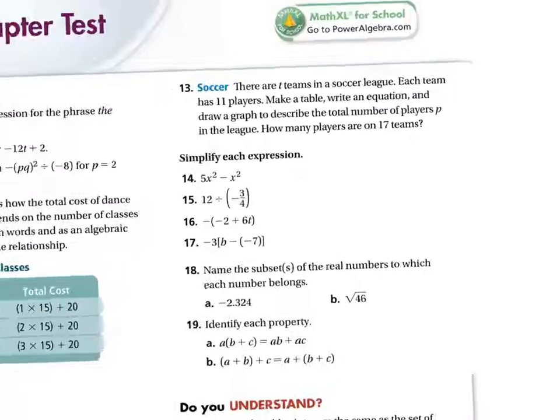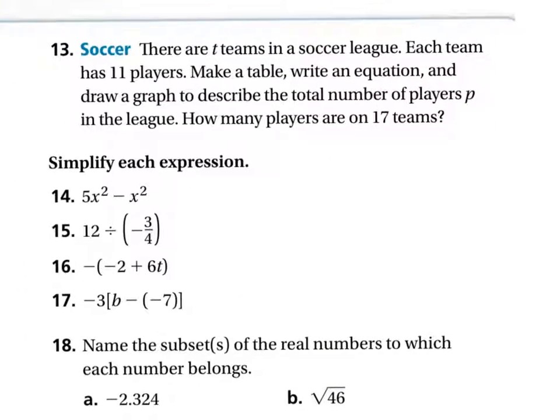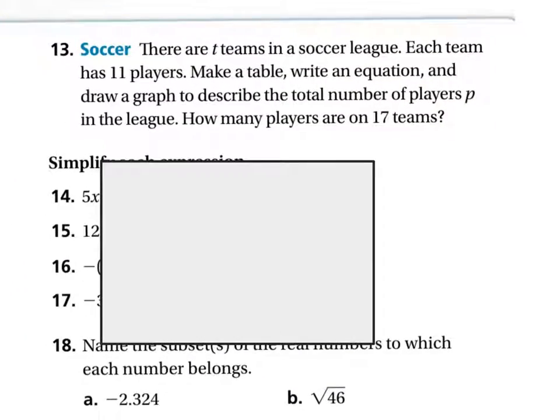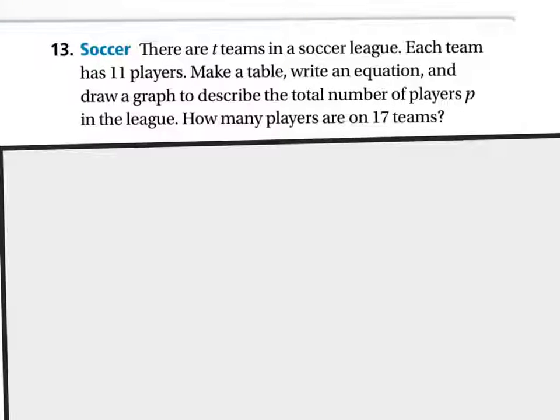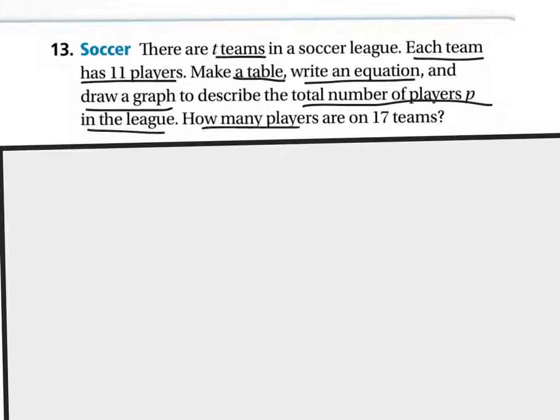Look on the next page, 73, number 13. The T teams in a soccer league, each team has 11 players. Make a table, write an equation, and draw a graph to describe the total number of players P in the league, and then how many players are on 17 teams.